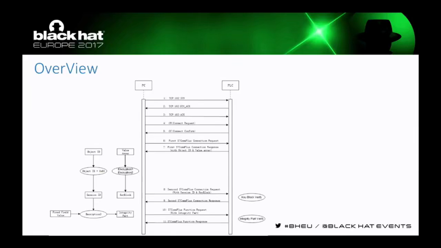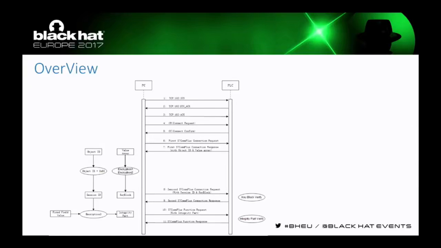With the session ID and the connection encryptions, the PC will send the second connection request packet to the PLC. The PLC will verify the session ID and the encryption part. If this is verified correctly, the PLC will send back the second connection response packet.